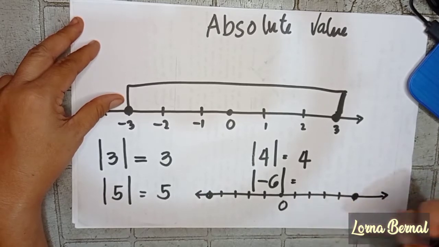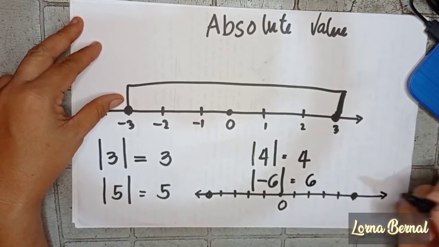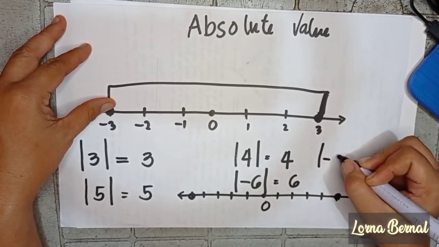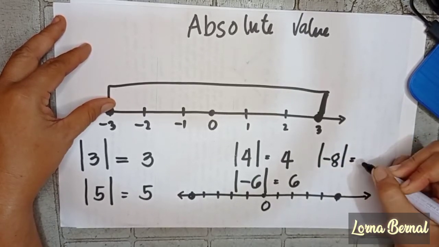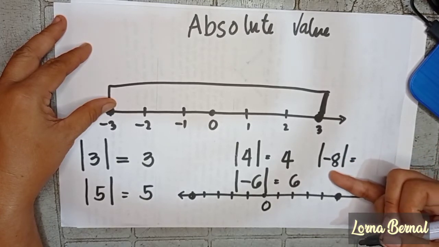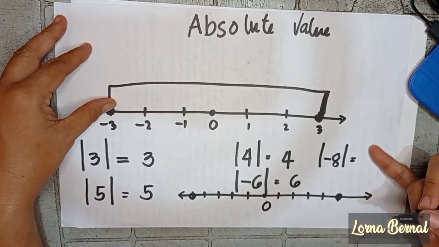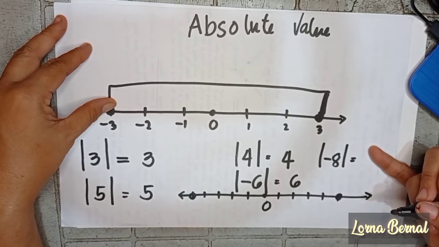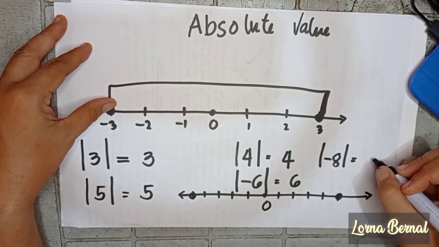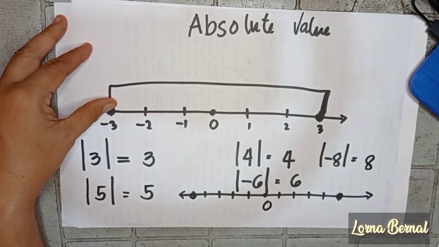So the absolute value of negative 6 is positive 6. And the absolute value of negative 8: take the additive inverse of it, so negative 8, take the positive side. So the absolute value of negative 8 is equal to positive 8.